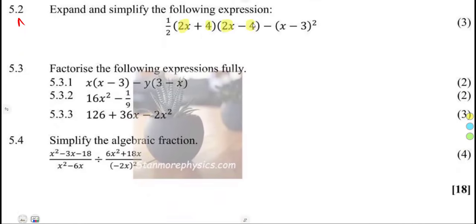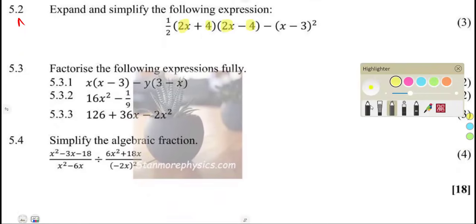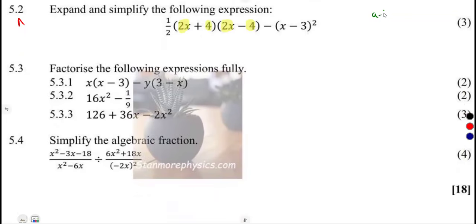Into a minus b. That's a difference of 2 squares, which was taken from what? A plus b into a minus b was taken from a squared minus b squared. So you can easily expand using that concept.